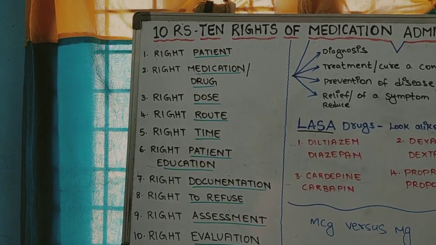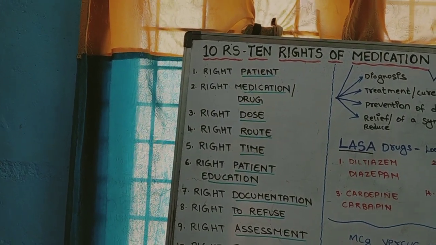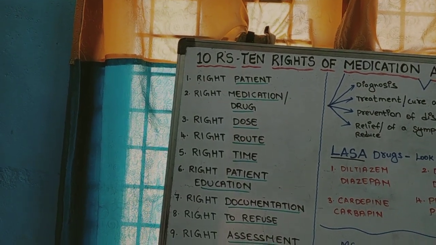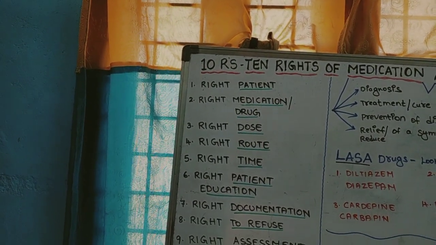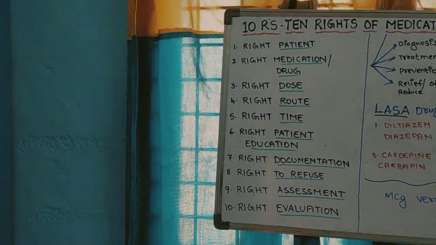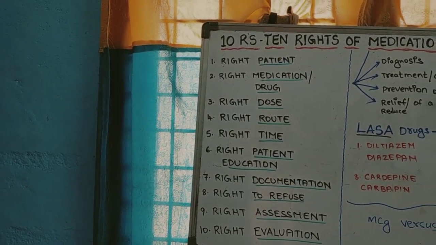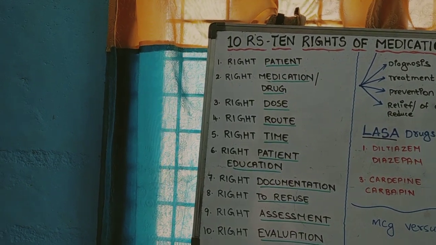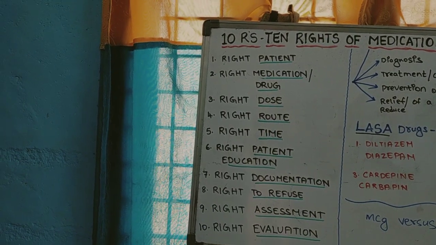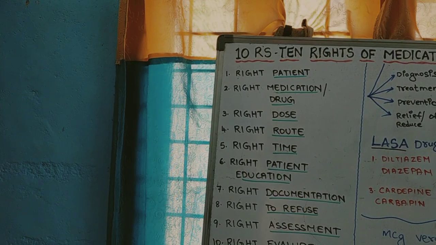For example, vancomycin, which is a glycopeptide antibiotic, requires slow administration. It should be administered through IV slowly to avoid vancomycin flushing syndrome. If it is administered at a faster rate, it can cause a hypersensitivity reaction in the patient. So that's the reason medicine should be administered at the correct time, at proper frequency, and at the correct rate.